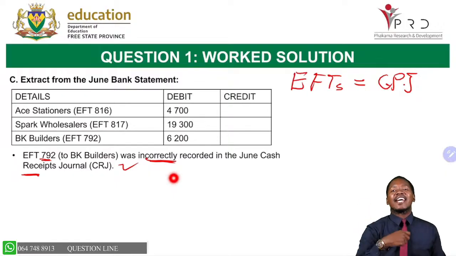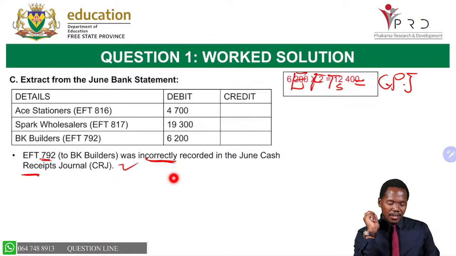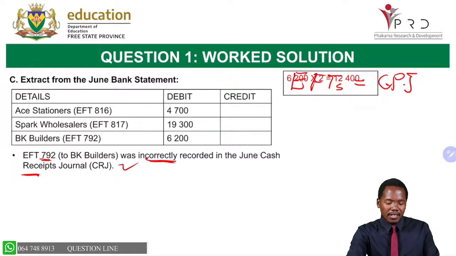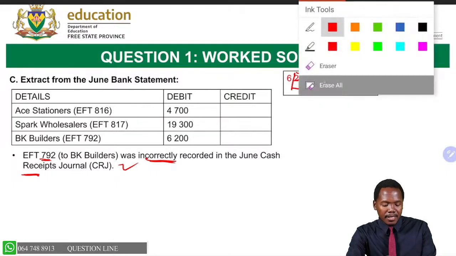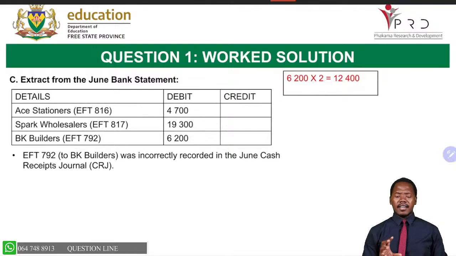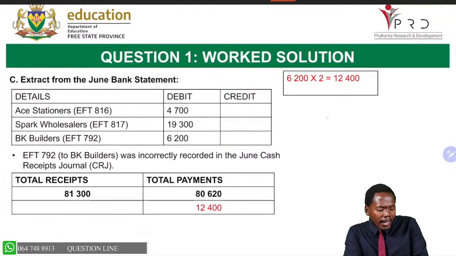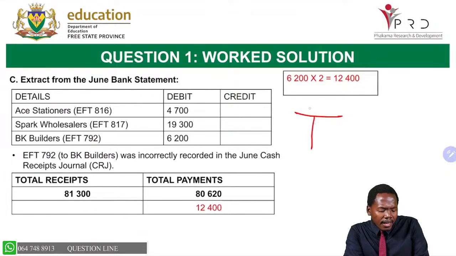Now, how do we correct this, grade 12s? How do we correct it? Right, let us look at that. Some of you got it right. Let me just remove this so that it becomes clear. Right, first thing we need to do, we can get the total, which we are going to explain just now. Remember what happened here. This is my CPJ.